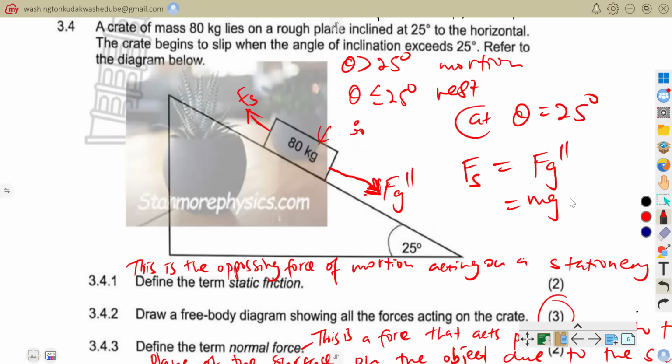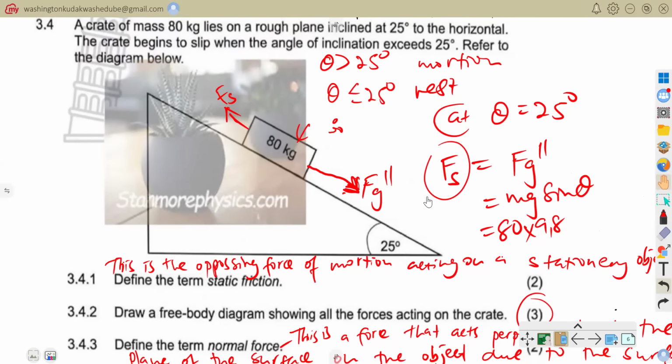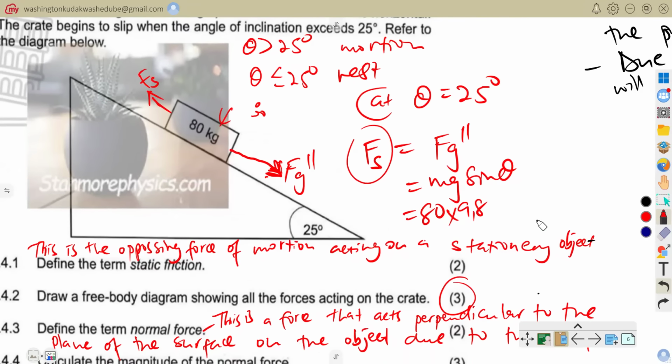which is given by mg sine theta. So our static frictional force can be given by the mass, which is 8, times the gravitational acceleration, 9.8, times sine 25. And that gives you your static frictional force.